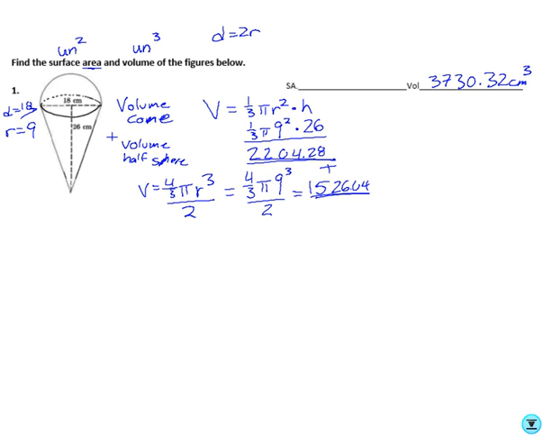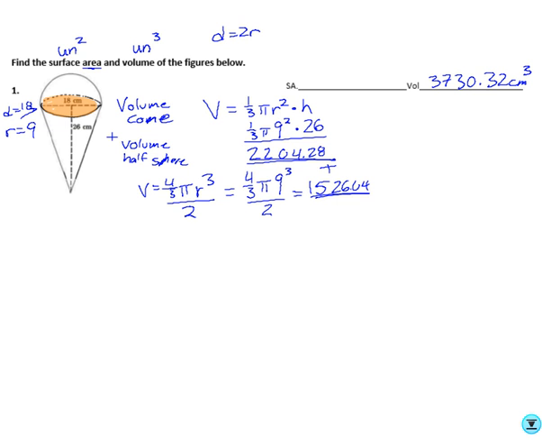If you look at your formula sheet, you're going to notice there's two things written there. There's SA, that's surface area, and LA, that's lateral area. A lateral area of a figure is when you're just including the sides. If you think about lateral movements, it's side to side. So you're not including the base. So we're actually going to be using lateral area of the cone here.